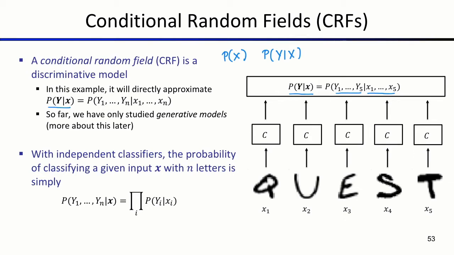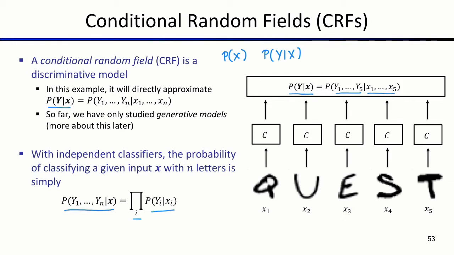And if we use independent classifiers in order to compute this probability here, that's going to be the probability for all the labels together given the input images x, that's going to be the sequence of letters. What we can do is simply to assume that the outputs of the classifiers are going to be independent. So we're going to multiply all the probabilities given by the classifier.